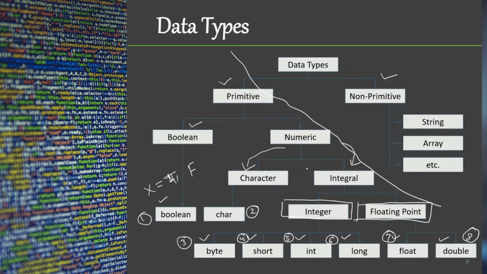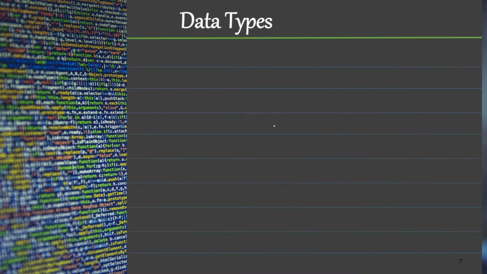We are going to start one by one, beginning with the easiest one, and from this we will try to understand the anatomy and the insights of data types. We'll start with integer, and go through byte, short, int, and long. Then we'll come to the other data types also.